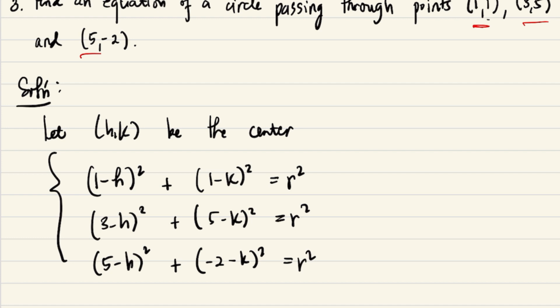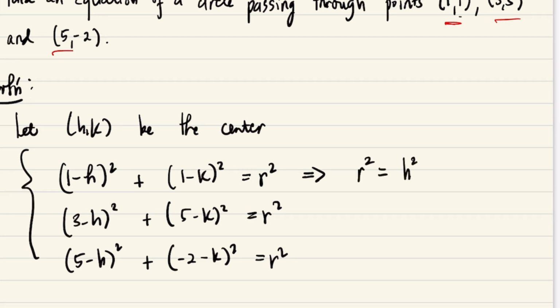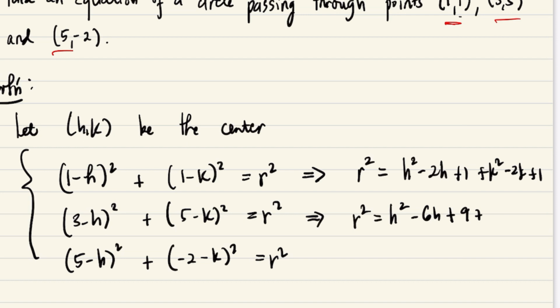If I'm going to convert this equation and simplify this, I would get this one as r squared equals h squared minus 2h plus 1 plus k squared minus 2k plus 1. This one as well becomes r squared equals h squared minus 6h plus 9 plus k squared minus 10k plus 25.